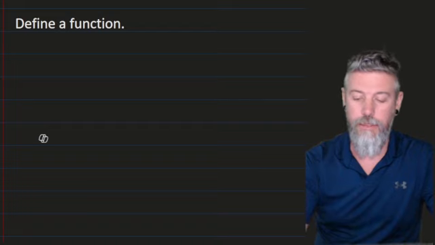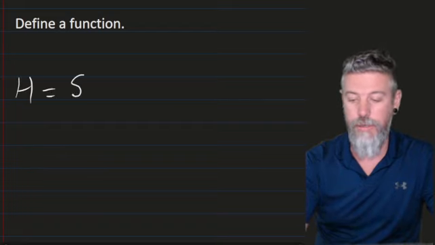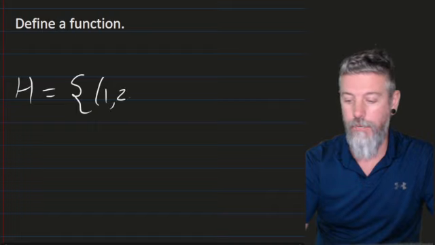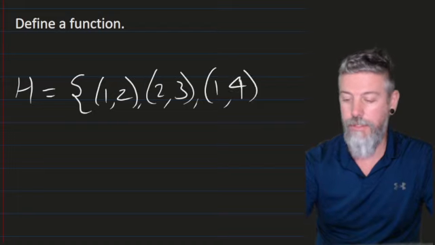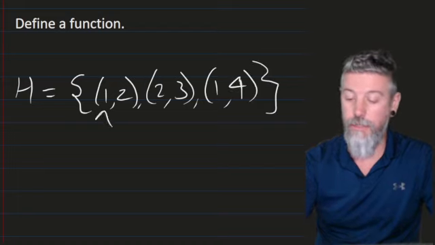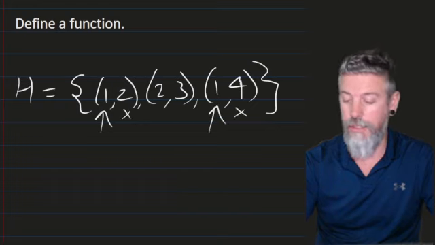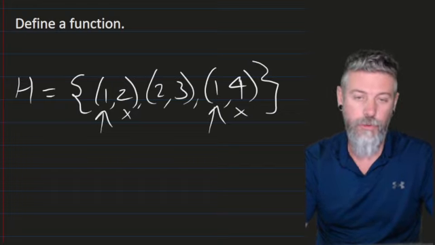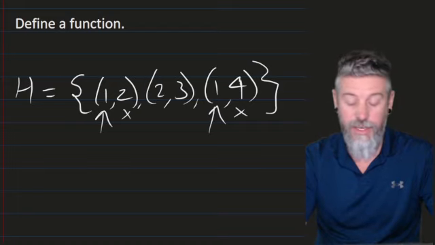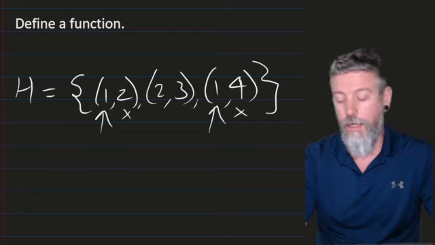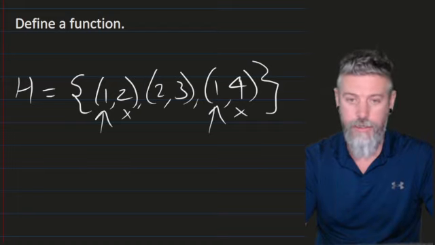An example in your syllabus looks something like this, where you have number pairs, and you're trying to define if this is a function or not. Again, you can see there's two x1s, but they give different y values here and here, the 2 and the 4. So if you looked at this set, you would say that this is not a function because it's failing the vertical line test: it's giving two y values for one x value.